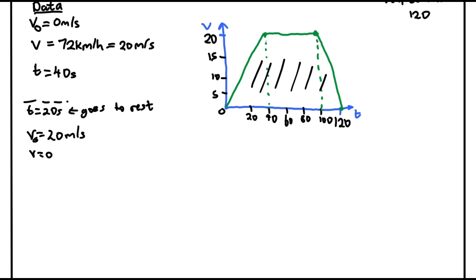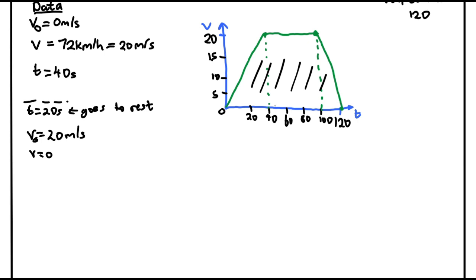In this case, there are two ways, or even three. We can separate this into one triangle on the left, another triangle on the right, and this rectangle in the middle. We can get each area, add them up together, and that's our total distance covered.